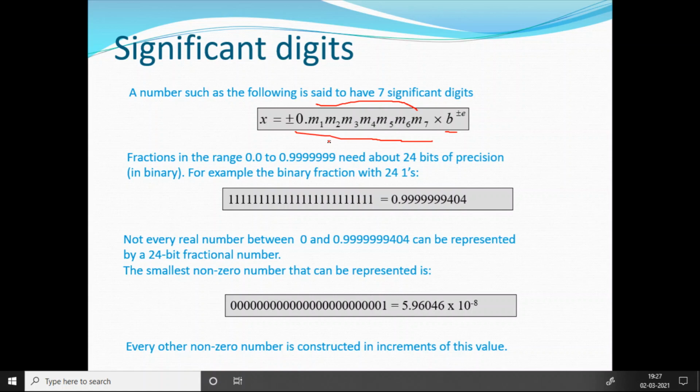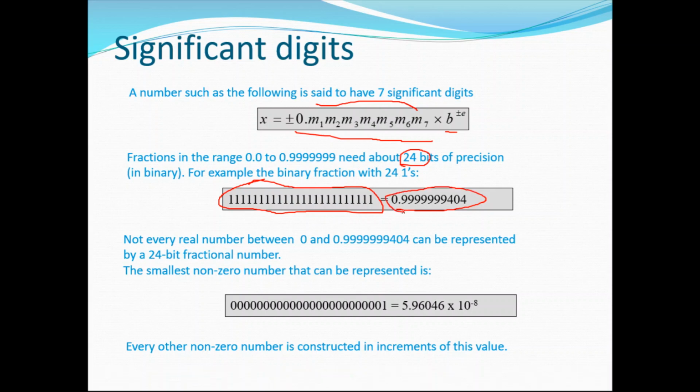If you have 24 bits to represent the Mantissa, then all 24 ones will be approximately equal to this much value, right? This is nothing but what we have discussed previously.